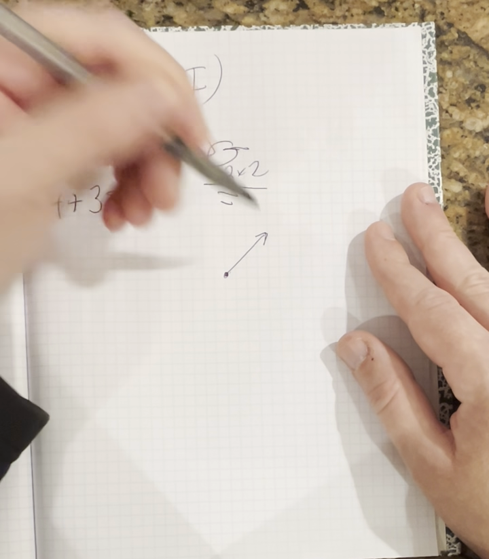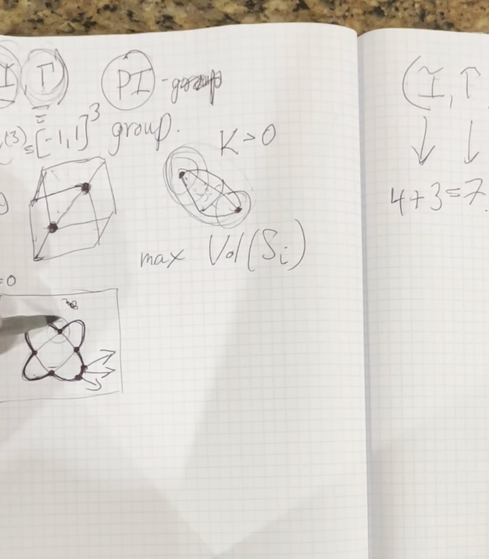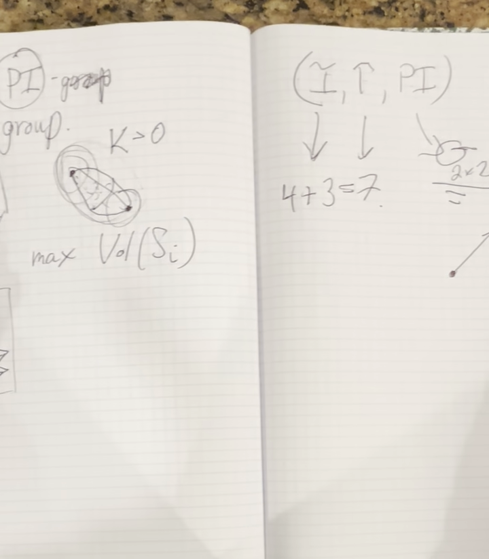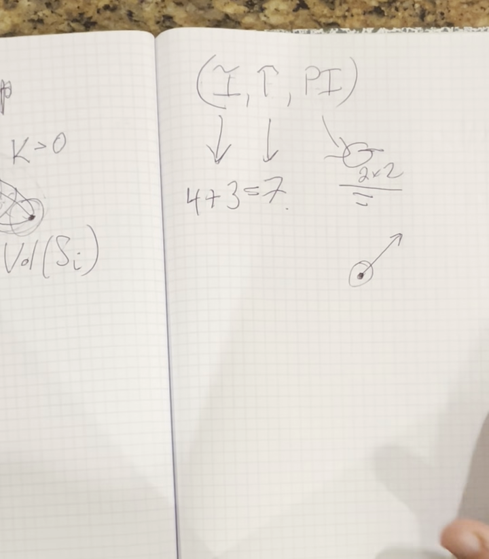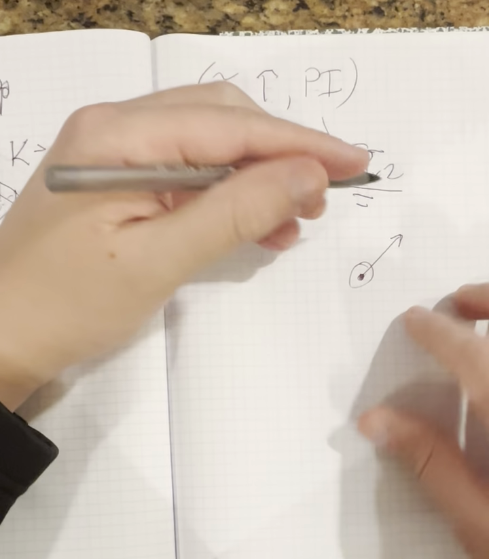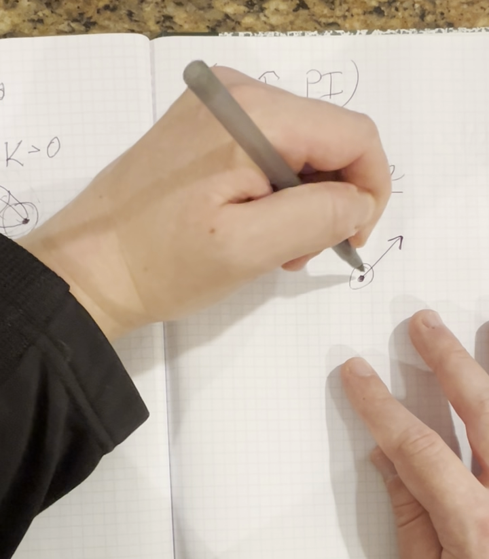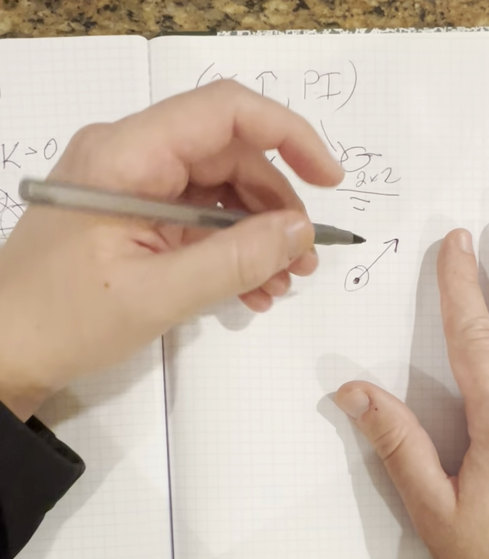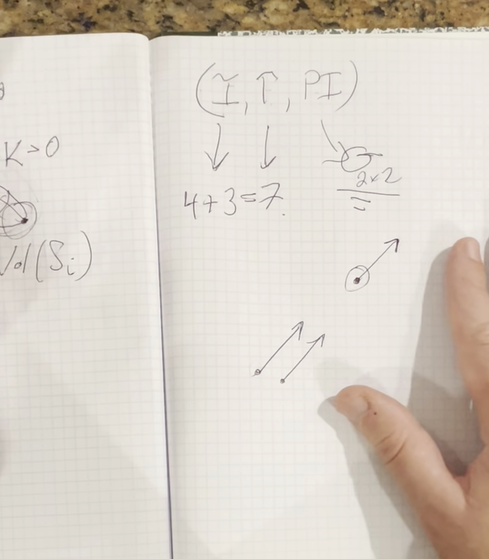What we can have is a vector here. Let's say we're dealing with a vertex here, and our Rubik's Cube moves via the PI group can change this. We initially had just one vector here, but when we slice, we get two mirror copies.